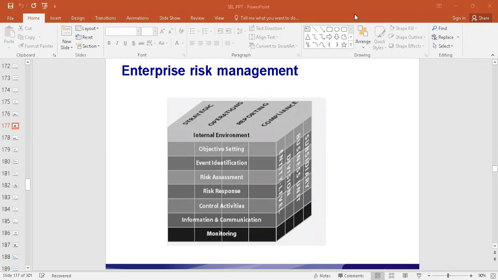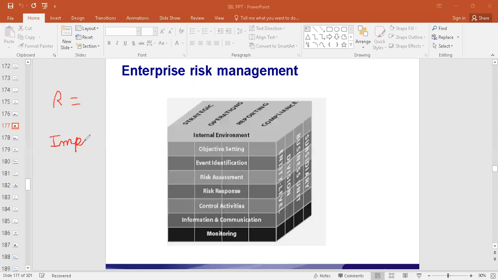After events are identified, then comes assessment of the risk. Assessment of the risk is calculated. So how is risk calculated? The quantification of risk: risk is equal to, there are two things which are to be looked into. The impact. What is this impact? Impact which these events have on the organization.